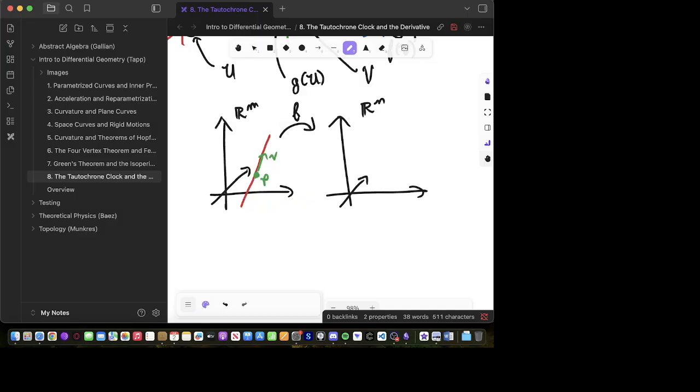Let's say f maps this to something like this. Oh, that's ugly. There we go. And say this is f of p, and this is the directional derivative. So it's the tangent line of the curve that results from taking the function of that straight line.